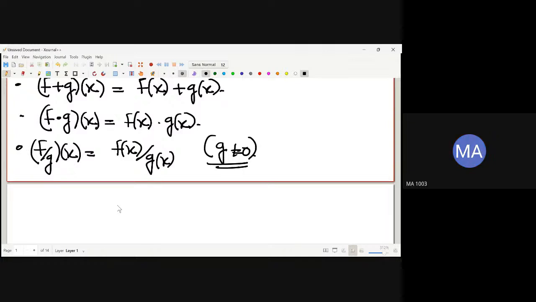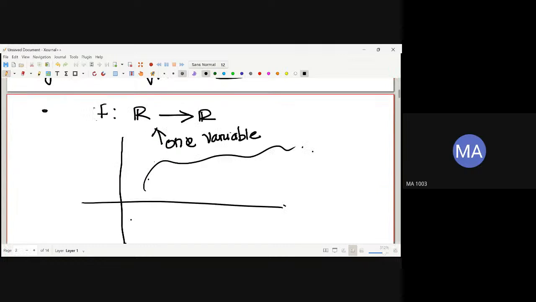Correct. So basically, suppose you have a function. If you take the derivative, it basically gives you the slope of the tangent line, right?